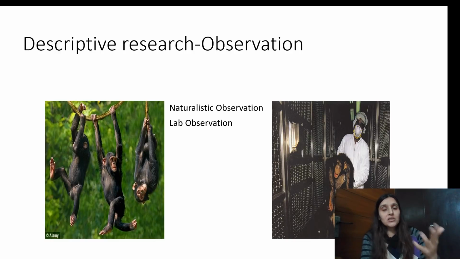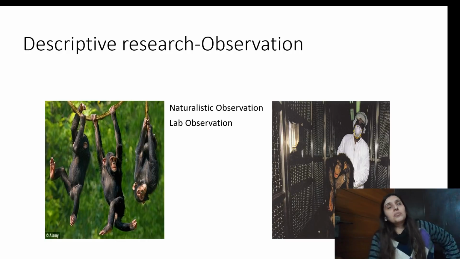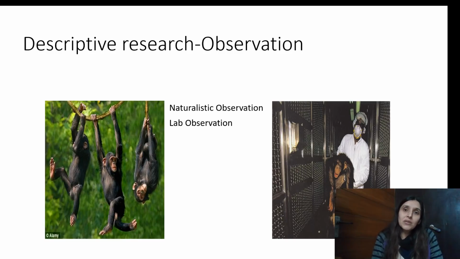The person doesn't even know that you're observing him. If you observe the height of the people of Ludhiana city vis-a-vis the height of people in Delhi city, you will find that Ludhiana people, both boys and girls, are taller than people in Delhi. So this can be concluded, and it is statistical data. It can be concluded through observation. You don't necessarily have to give him a survey and ask, what's your height?